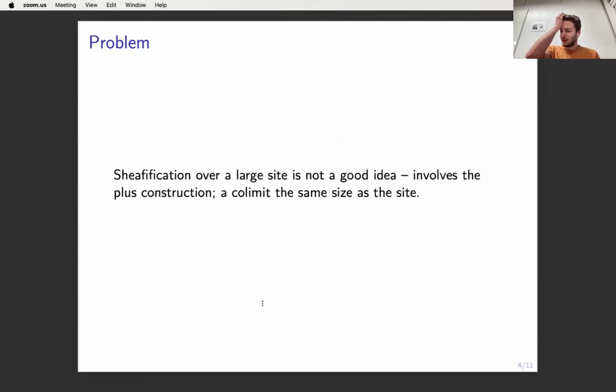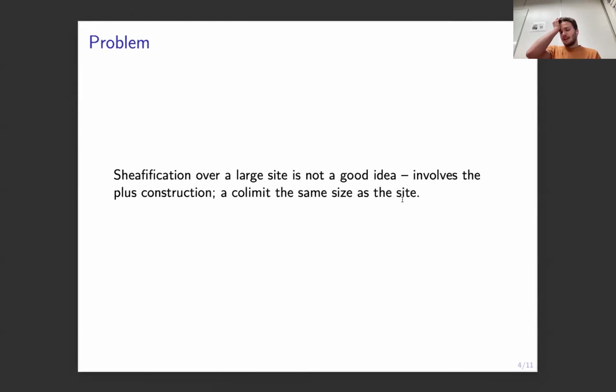It involves something called the plus construction, which is a co-limit defined over a category which has basically the same size as the defining site. A site means the category equipped with a Grothendieck topology, for those who don't know. And this is a problem. So we need to modify the definition of condensed sets a little bit.